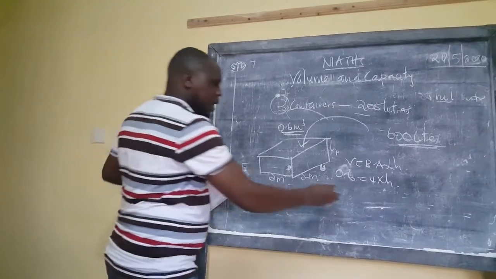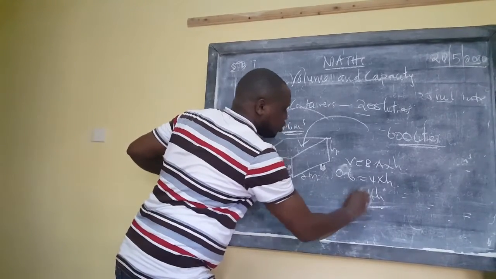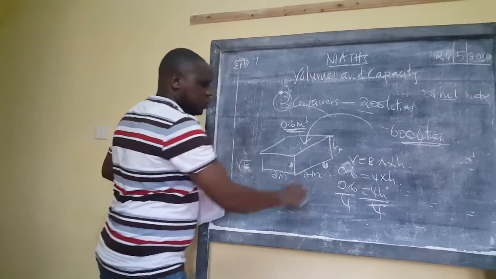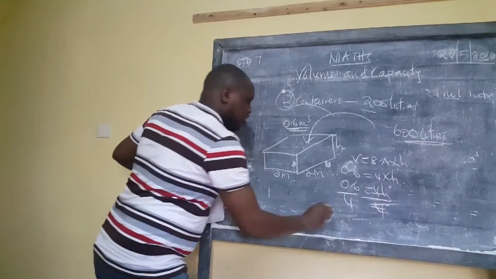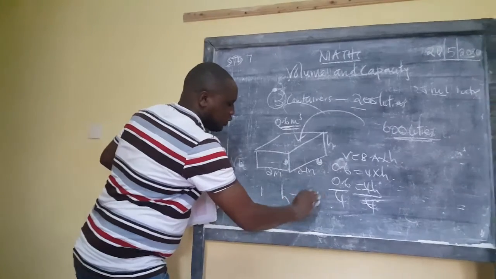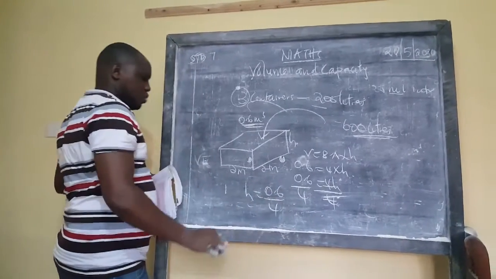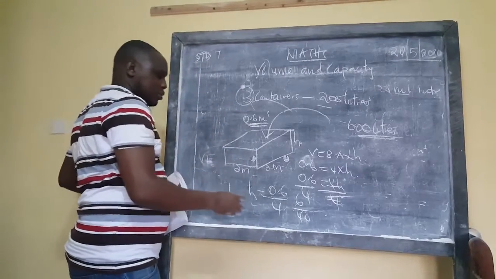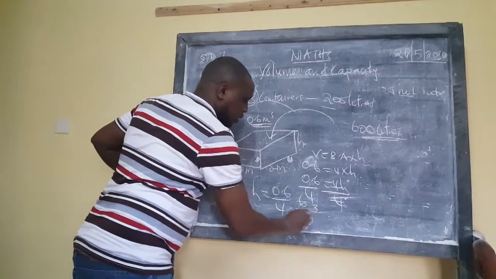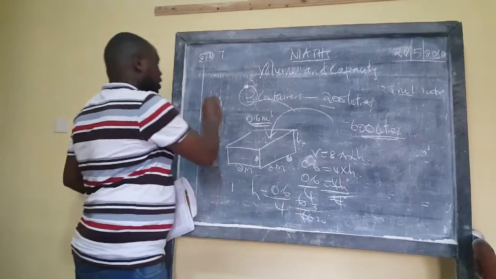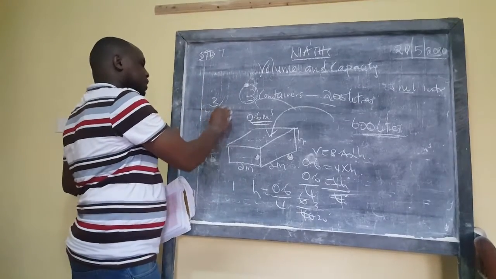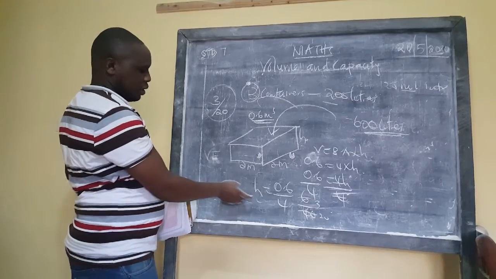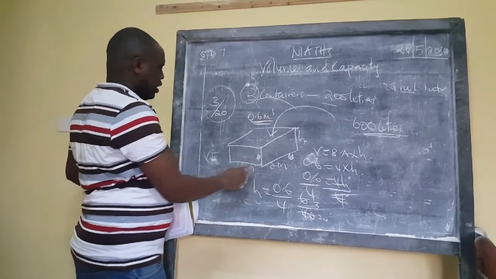Yes, we continue. So this is going to give us 4h is equal to 0.6, over 4 over 4. So h is equal to 0.6 over 4. Times 10, you get 6 over 40. If you divide there, you're going to get 3 over 20 meters. But if you want, you can write it in decimal.